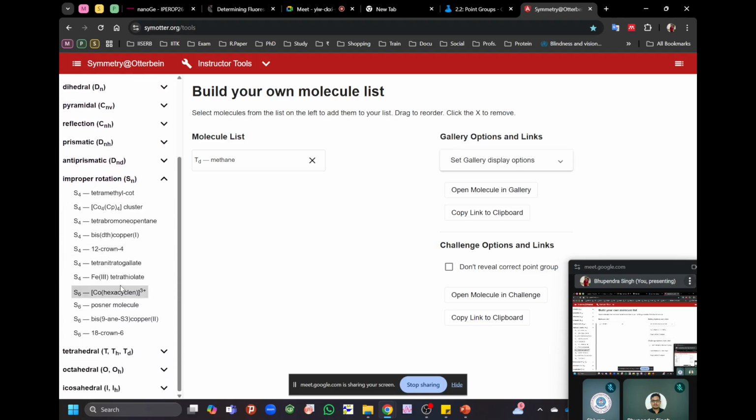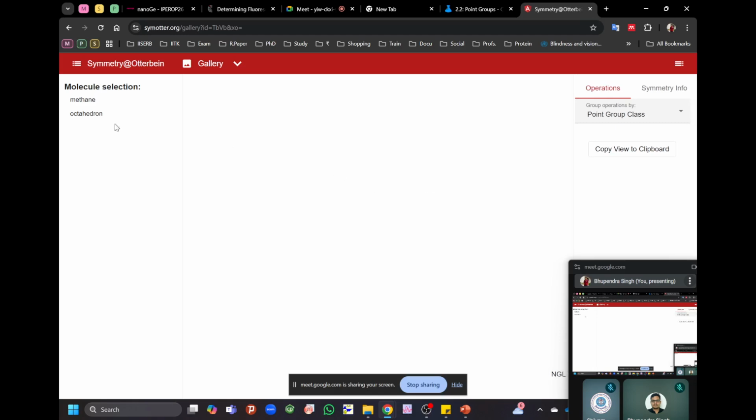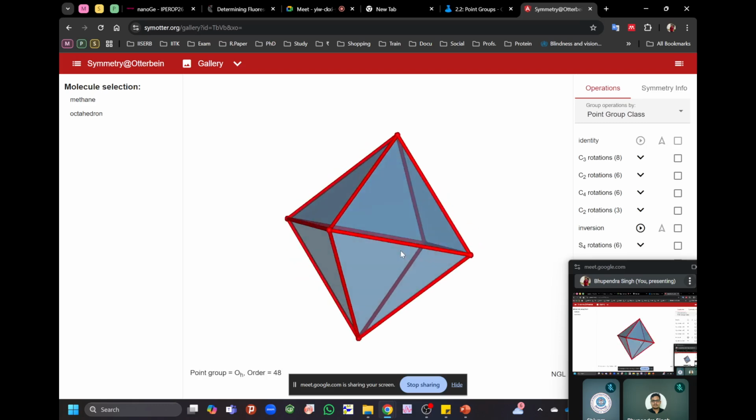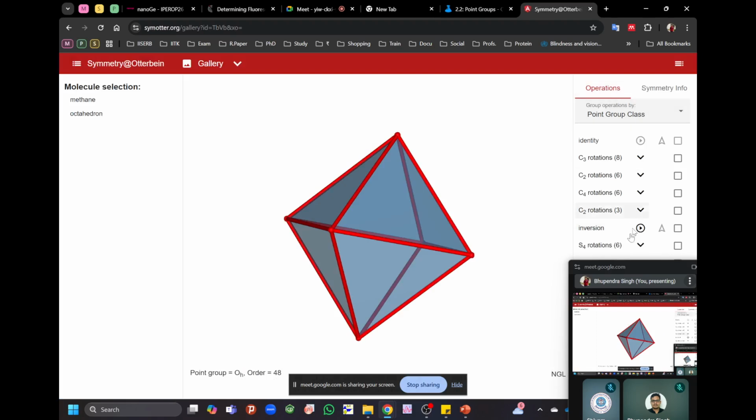What was the point group of the octahedral, S6? Anyway, it will be in the octahedron. So which one are we looking at? 6 S6.